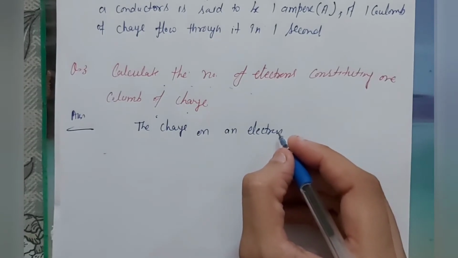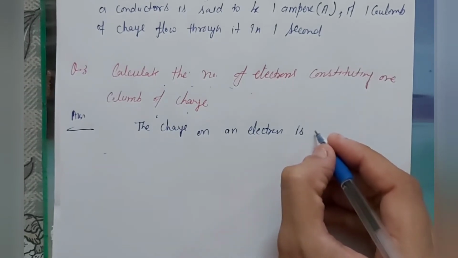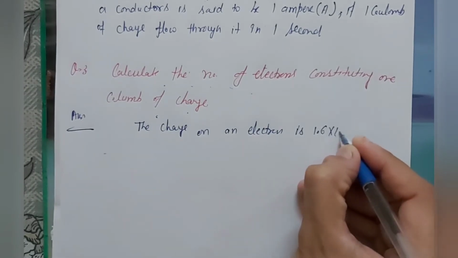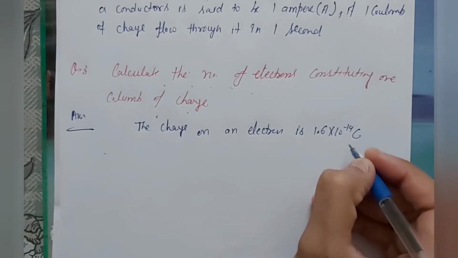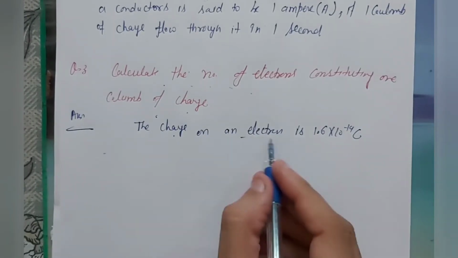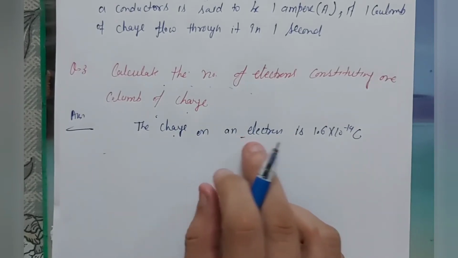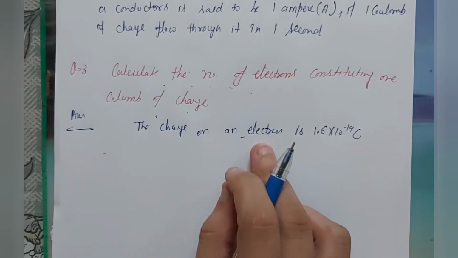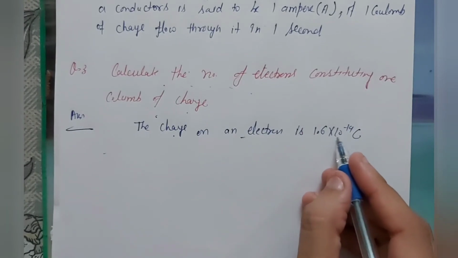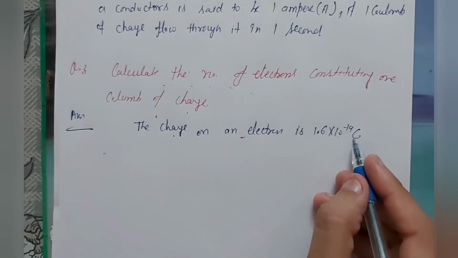The charge on an electron is equal to 1.6 into 10 raised to power minus 19 coulombs. Suppose we have 1 electron, then the charge on 1 electron is 1.6 into 10 raised to power minus 19 coulombs.